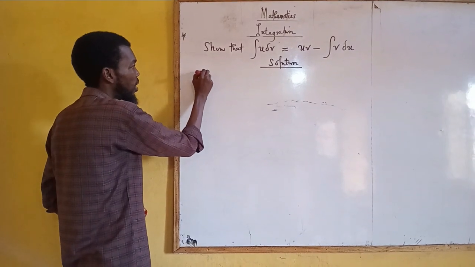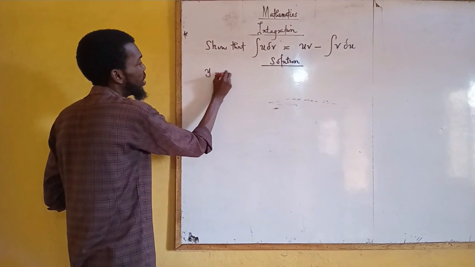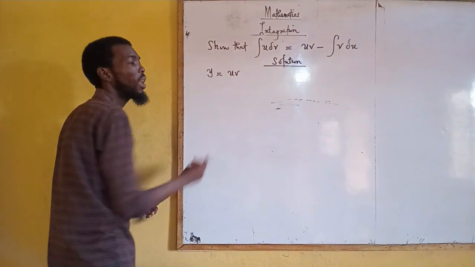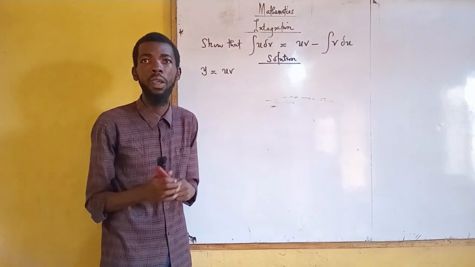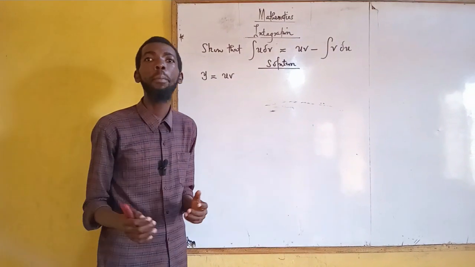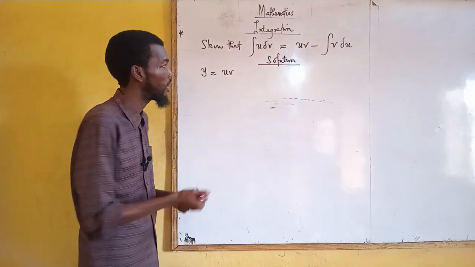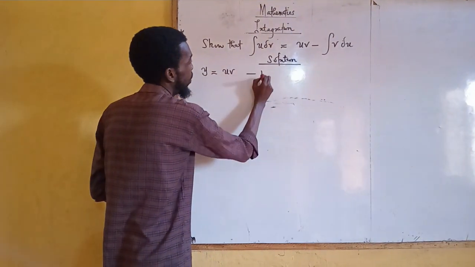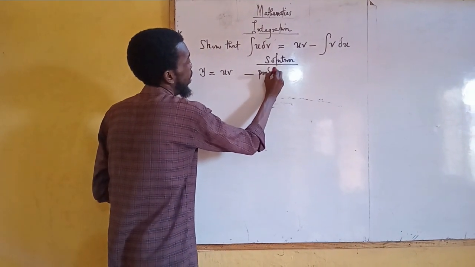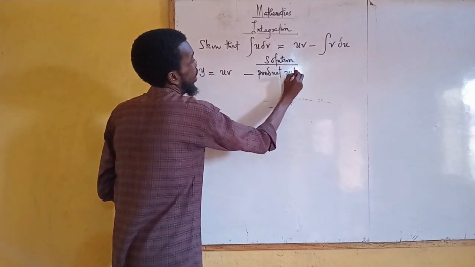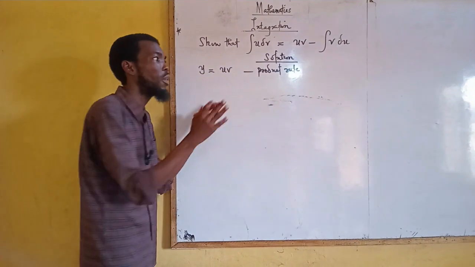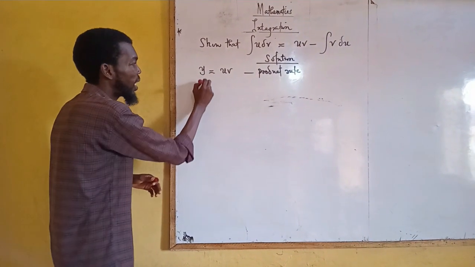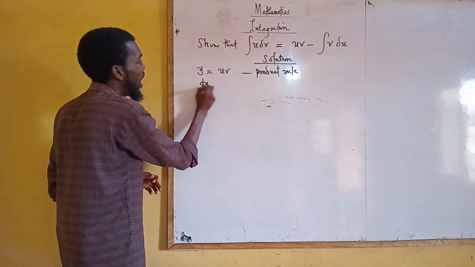Now, let's say y is the same thing as uv. If y is the same thing as uv, we are going to be applying the product rule to solve this. So we are going to be differentiating uv. So I can say now dy/dx.